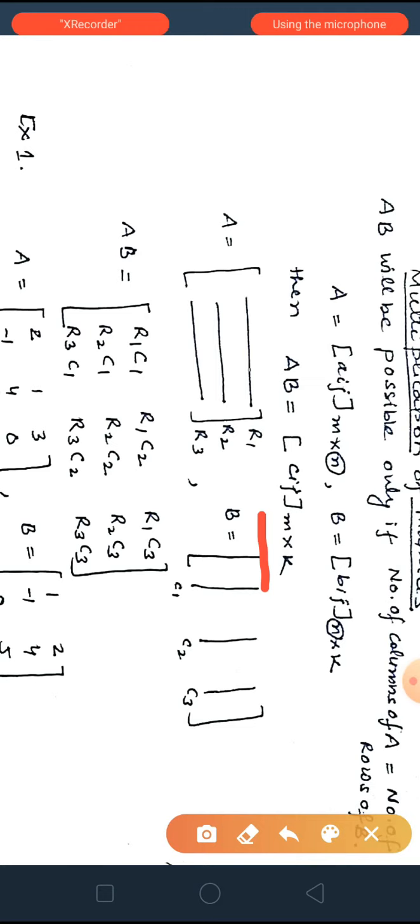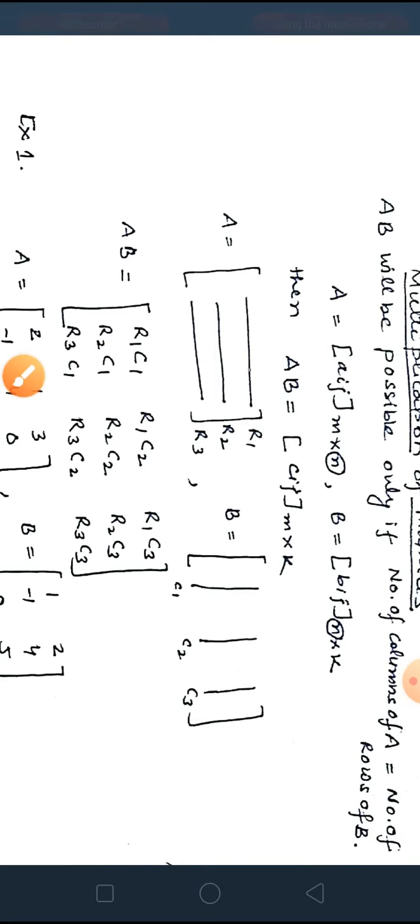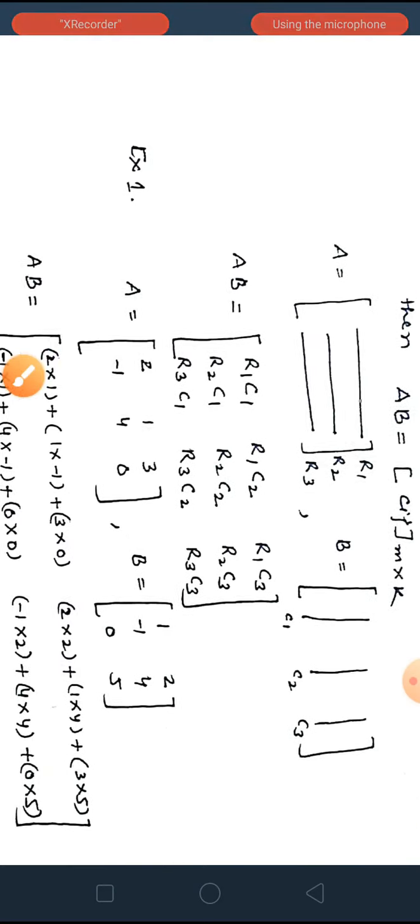These are rows of A, and C1, C2, C3 are columns of B. Then AB is equal to R1C1, meaning the respective elements of R1 and C1 will be multiplied, and the same happens with R1C2 and R1C3. The second row will be formed by R2C1, R2C2, R2C3, and the third row by R3C1, R3C2 and R3C3. I think it is clear now. Check it by an example.